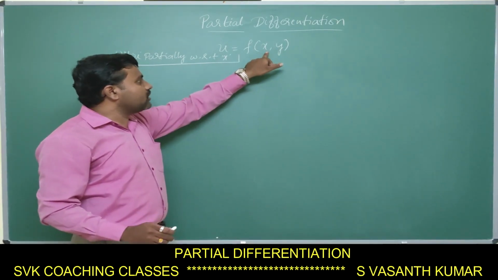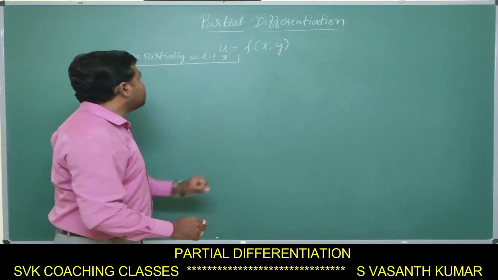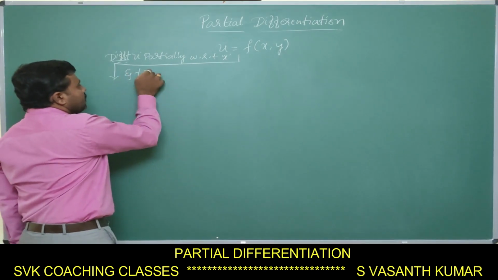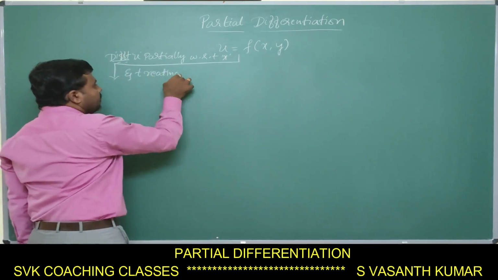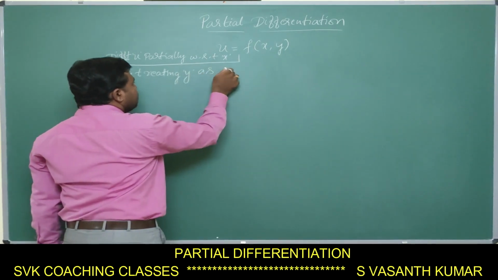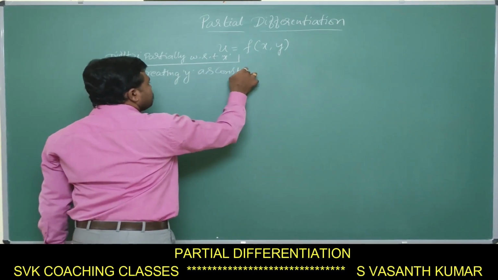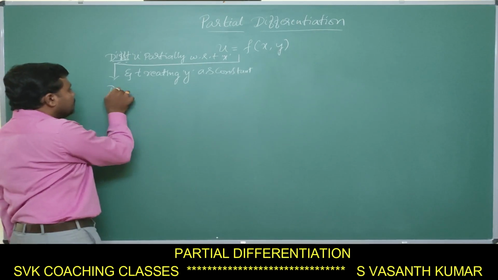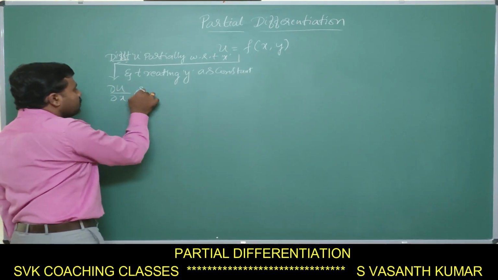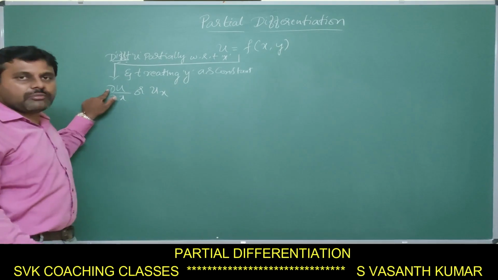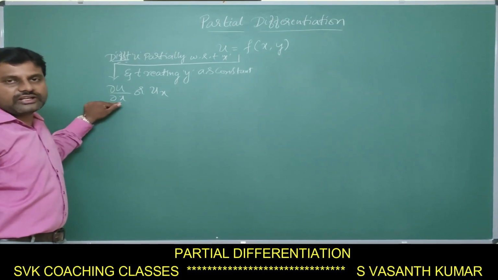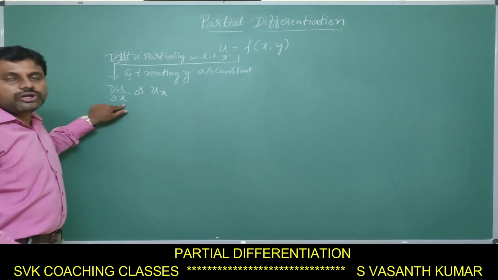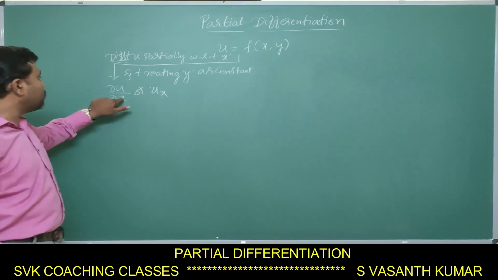With respect to x we are differentiating, and the remaining variable y is treated as constant. I am going to get the partial derivative. It is denoted by del u by del x or ux. This is the notation for the partial derivative of any function with respect to independent variables. So del u by del x.